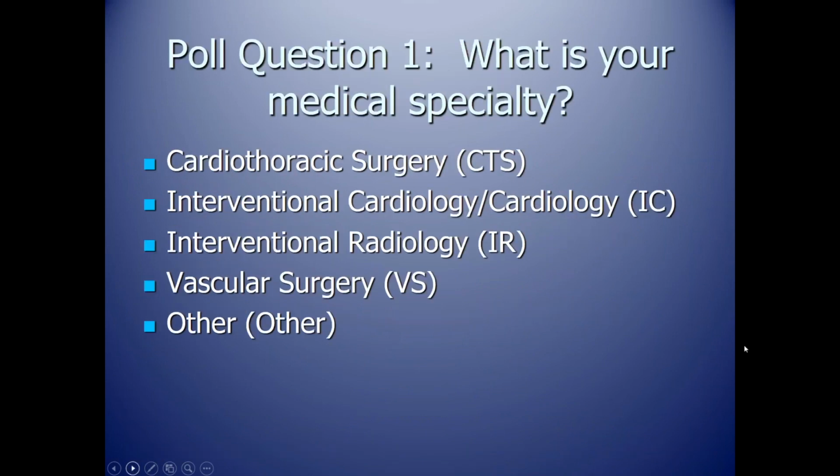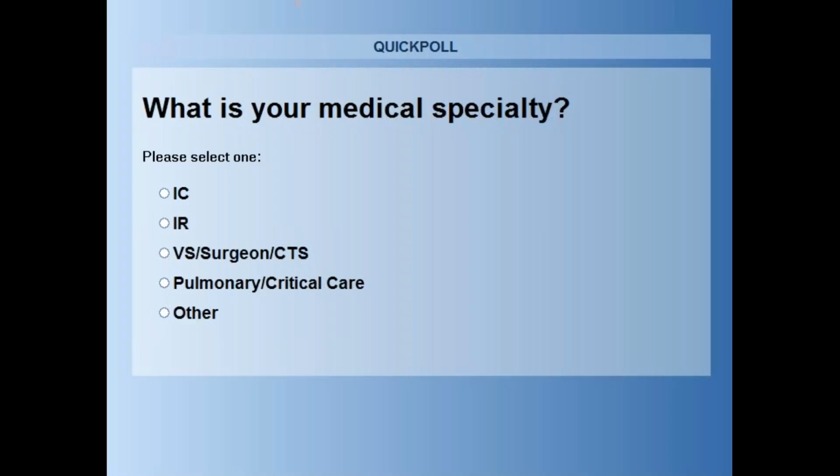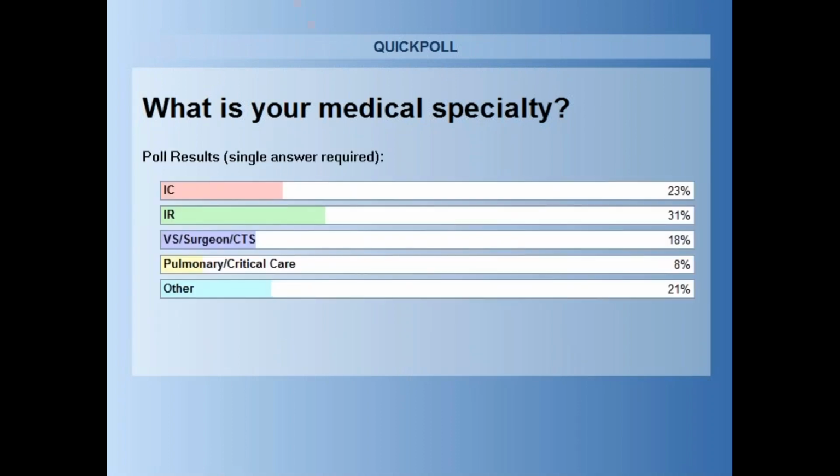And so here's the first poll question, which is just to get an idea of our audience. We did add another specialty here, so just people who are on, you can answer, and when we get a critical number of people, we'll show everybody the results. Great. Okay, and here are our results.